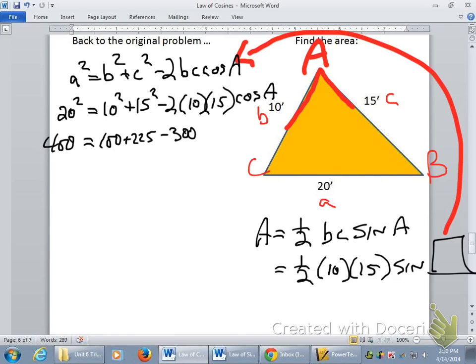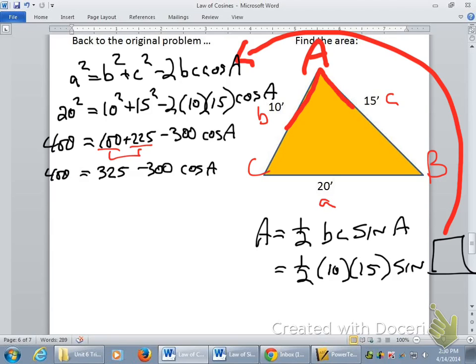Minus 300 cosine A. Remember, you can put these two together. So that's going to give me 400 equals 325 minus 300 cosine A.